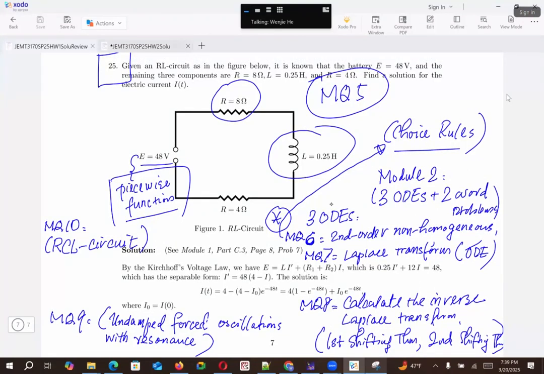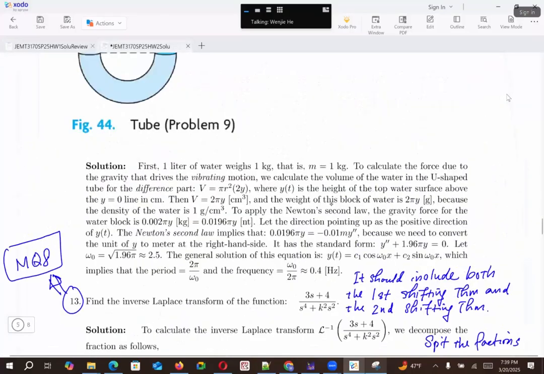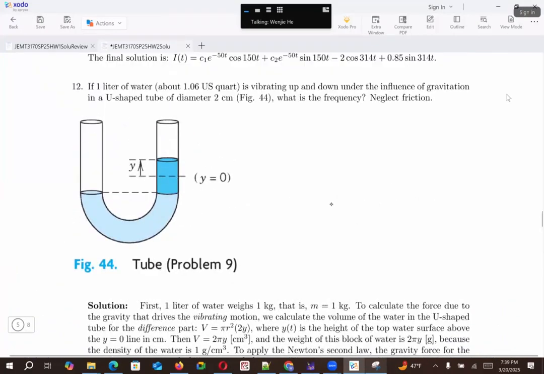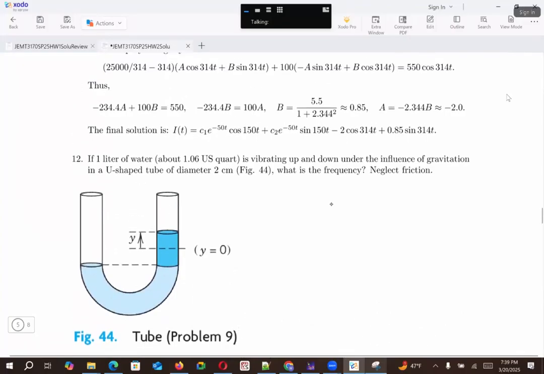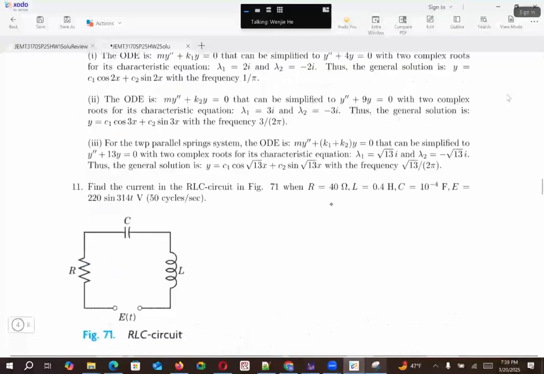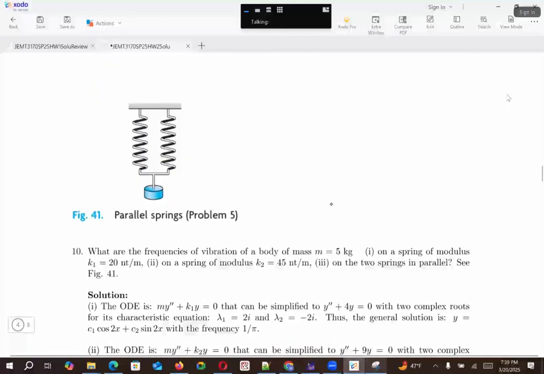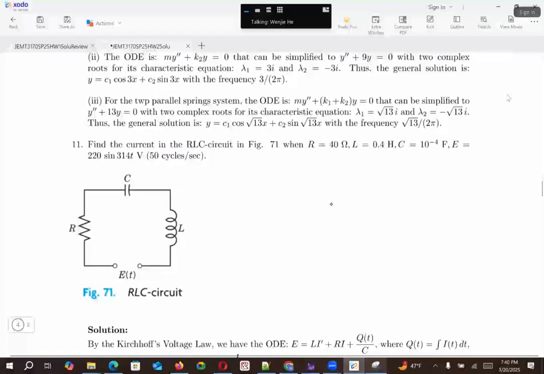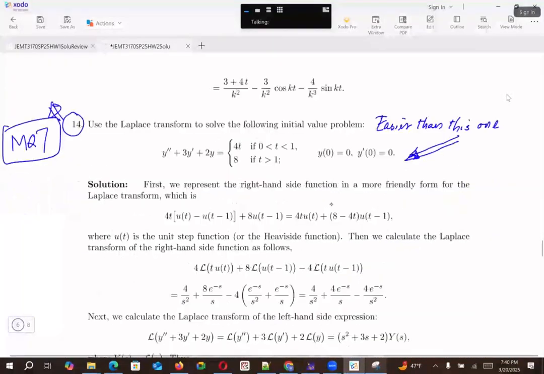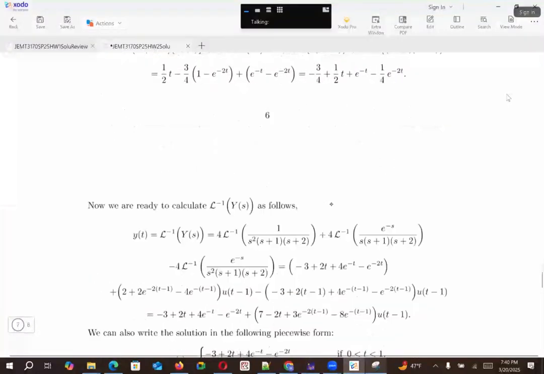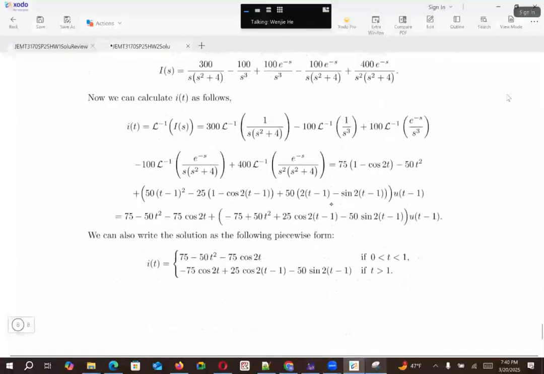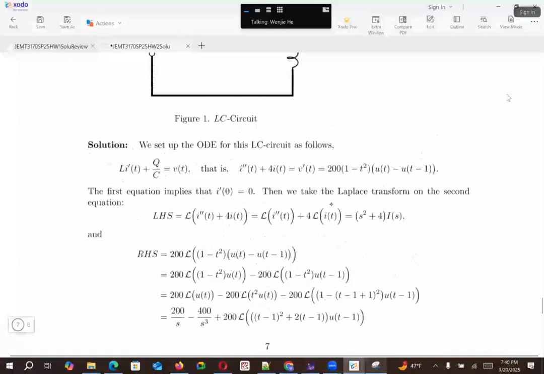So we have a similar example here, in our notes.